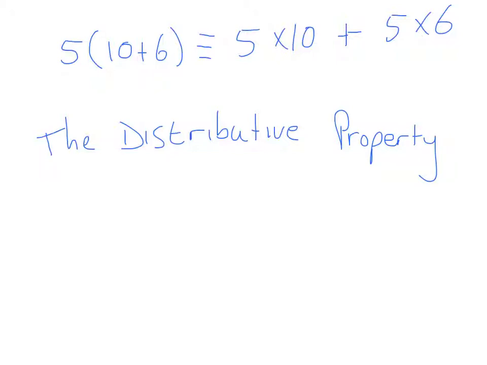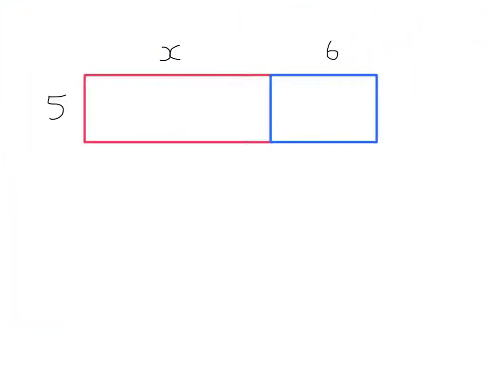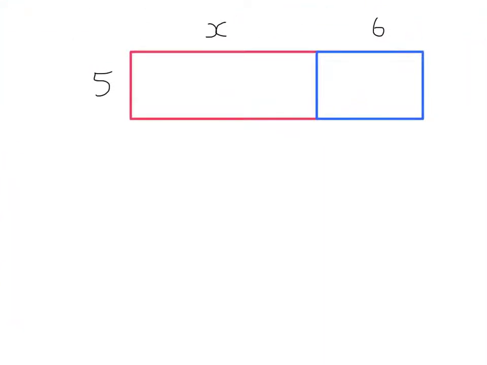Let's take a look at what that looks like if we have an unknown in our expression. So this time we can't work out the area of this shape because we don't know that length there. But we can still express the area mathematically. We can build an expression that represents the area of this shape.